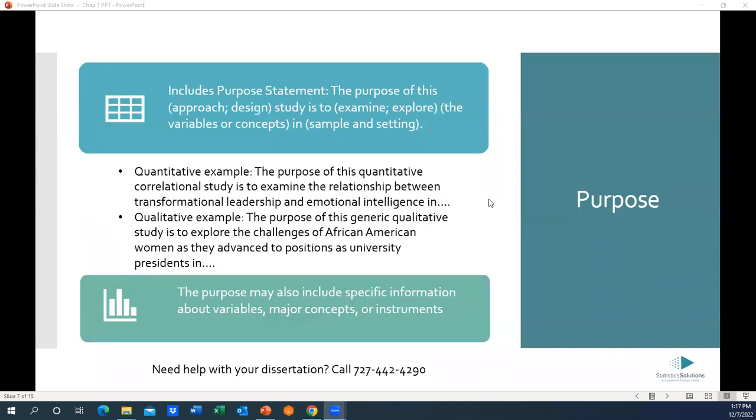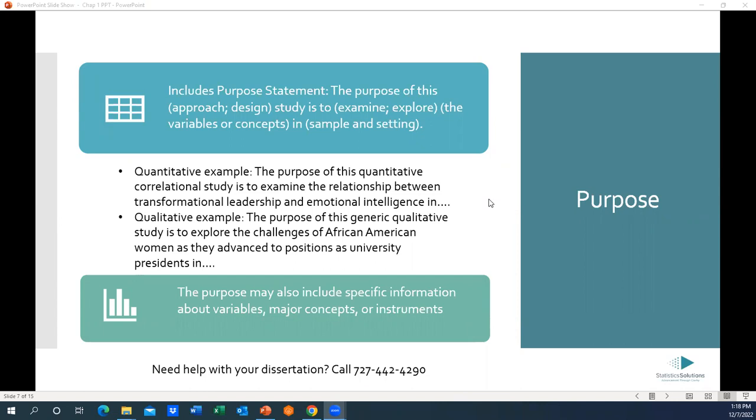All right. The purpose, two things here. We have the purpose section and we have the purpose statement, right? Usually the purpose statement starts the purpose section. The purpose statement is very specific. It has a certain kind of construction that you should use. I have two examples here, and I have the recipe for the statement.